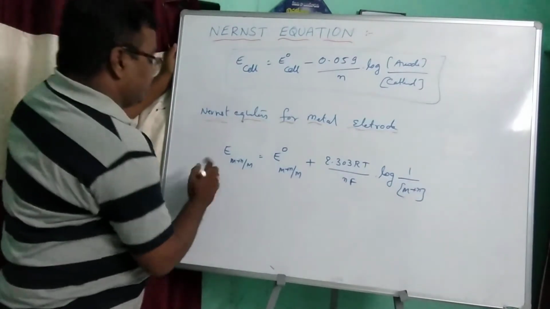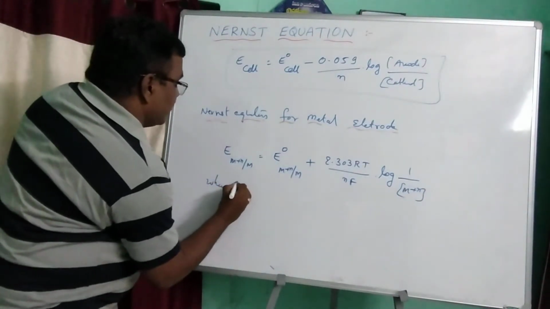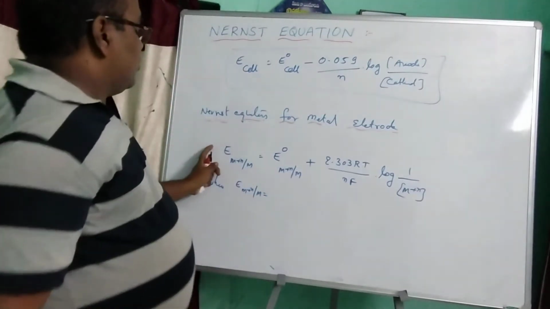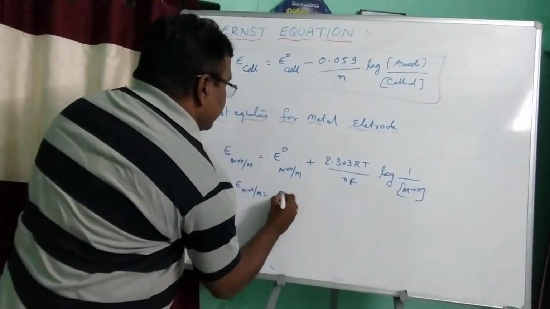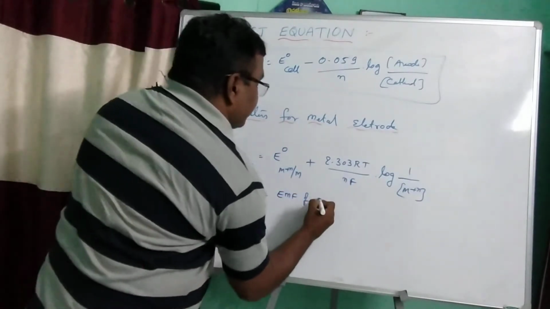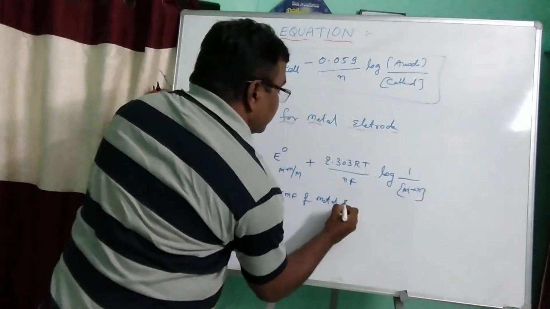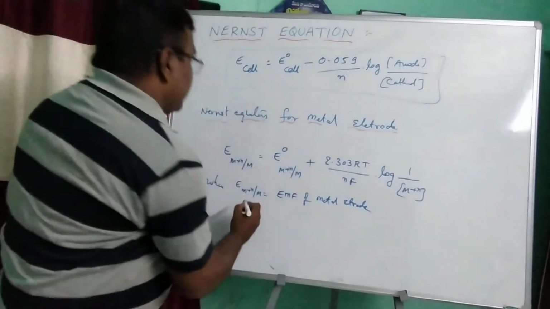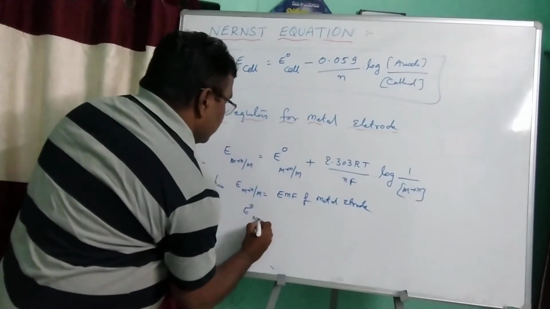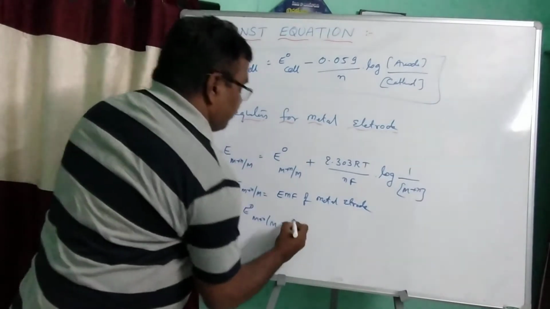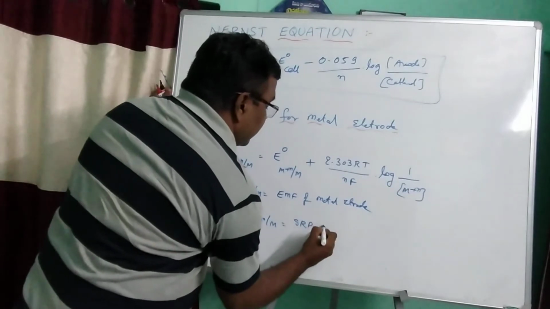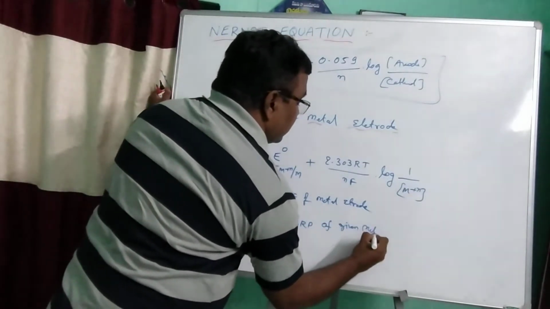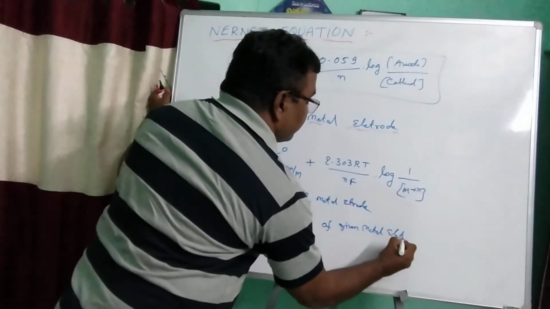Here E of M plus n or M represents the EMF of the metal electrode. Similarly, E0 of M plus n or M is equal to the SRP, the standard reduction potential of the given metal electrode.